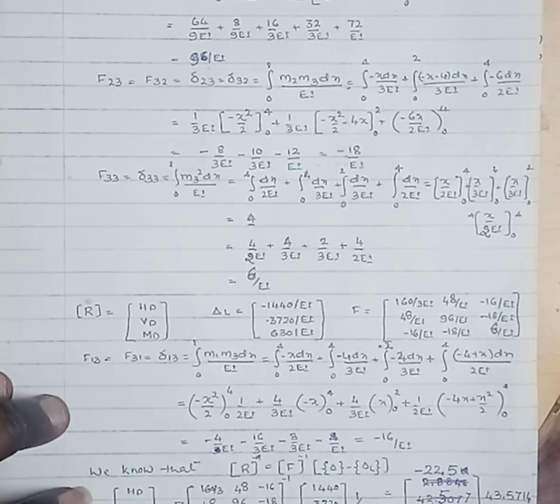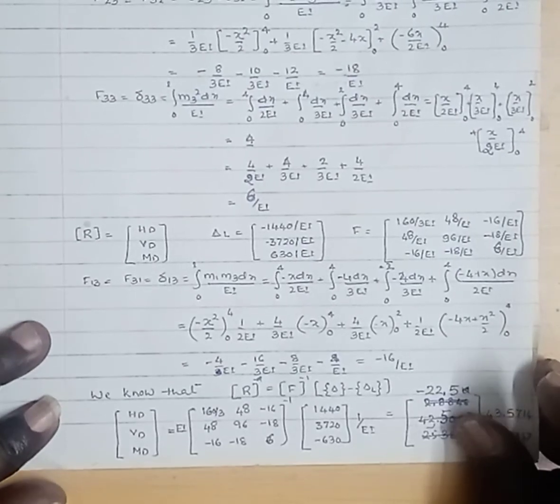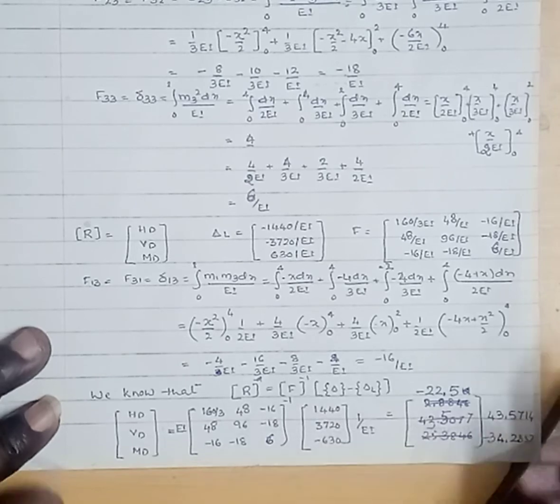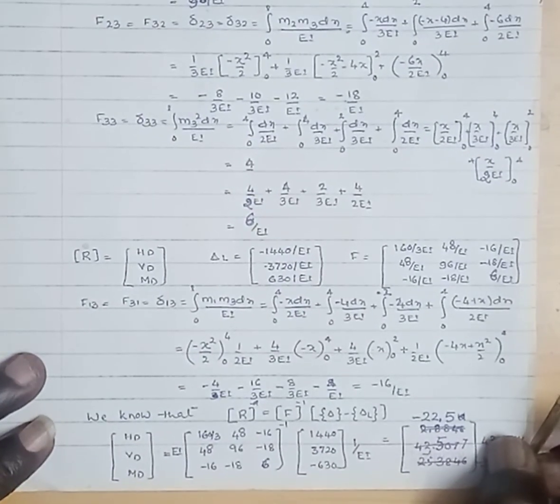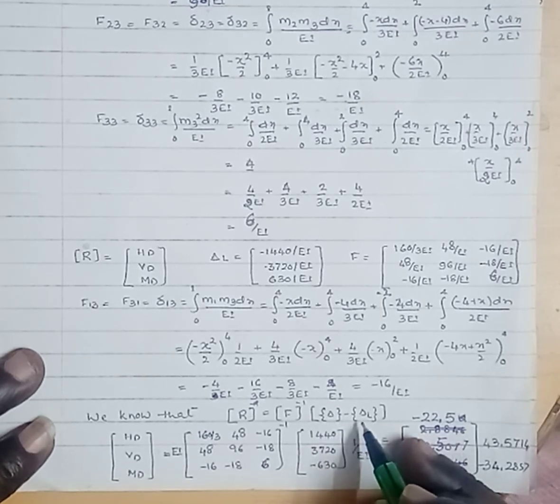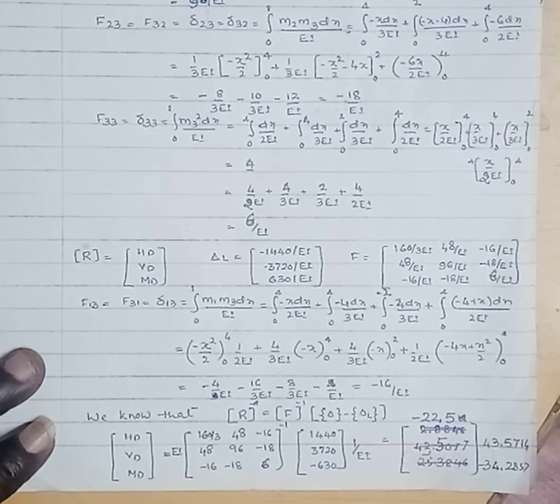Here we know that to get the final values of the redundants, the redundant matrix is given by the inverse of the flexibility matrix into the displacement due to the settlement and sinking of the support minus the displacement due to the applied loads.